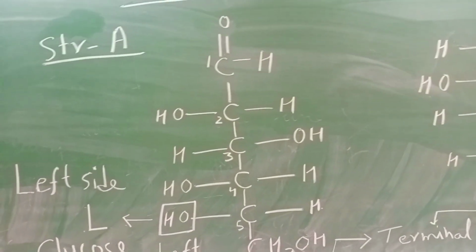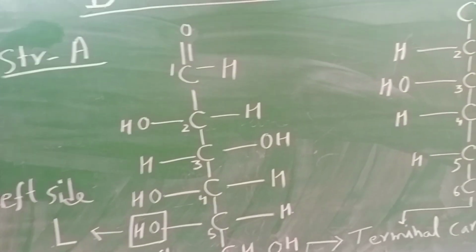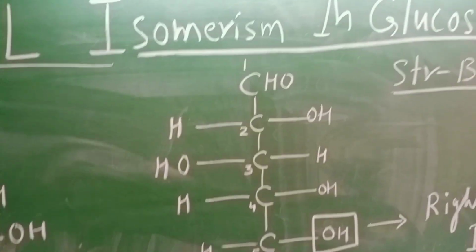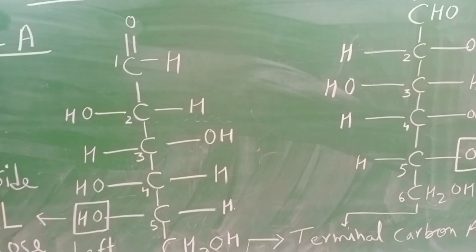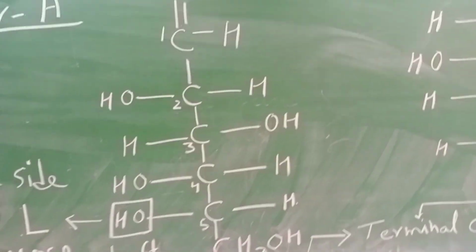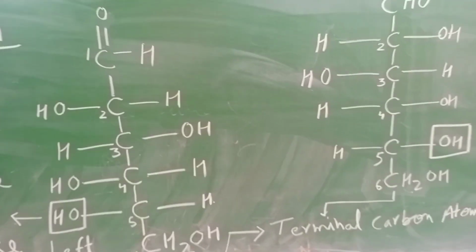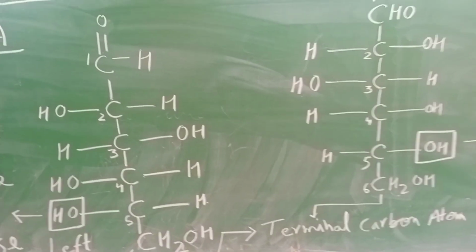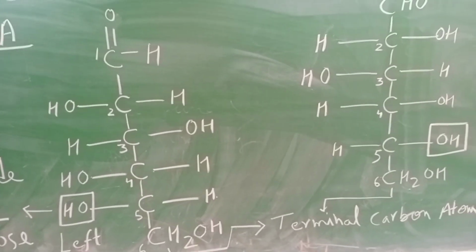However, here I restrict my lecture only to the D and L isomerism in glucose, that is, how we know which isoform of glucose is represented by a structure, and how we determine whether the structure represents the D form or the L form of glucose.